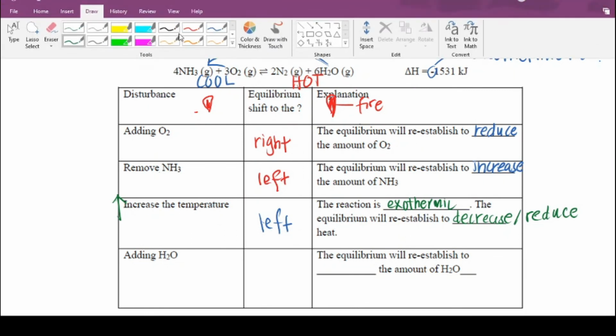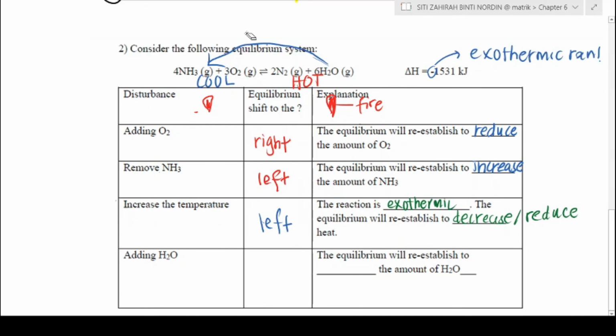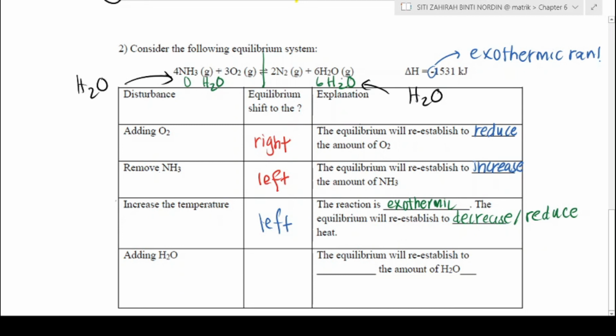Next we are adding water. At the product side we already have 6 water, while this side has 0 water. Let's say that I keep on adding water to both sides. This side will have more H2O, and this side will have less H2O.